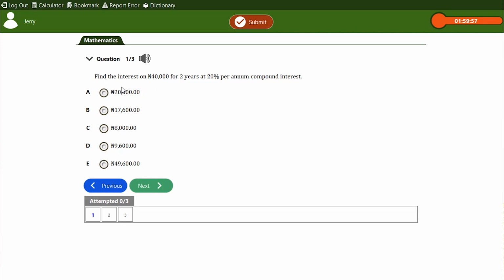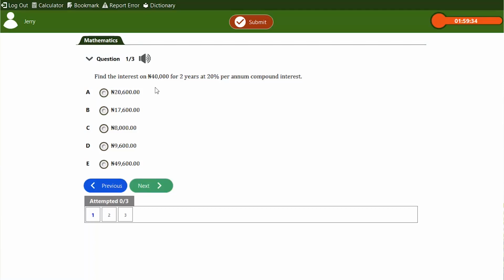They say, find the interest on 40,000 naira for 2 years at 20% per annum compound interest. Now, listen, what they wrote here is not find the compound interest, but I like the fact that at the end they said per annum compound interest.